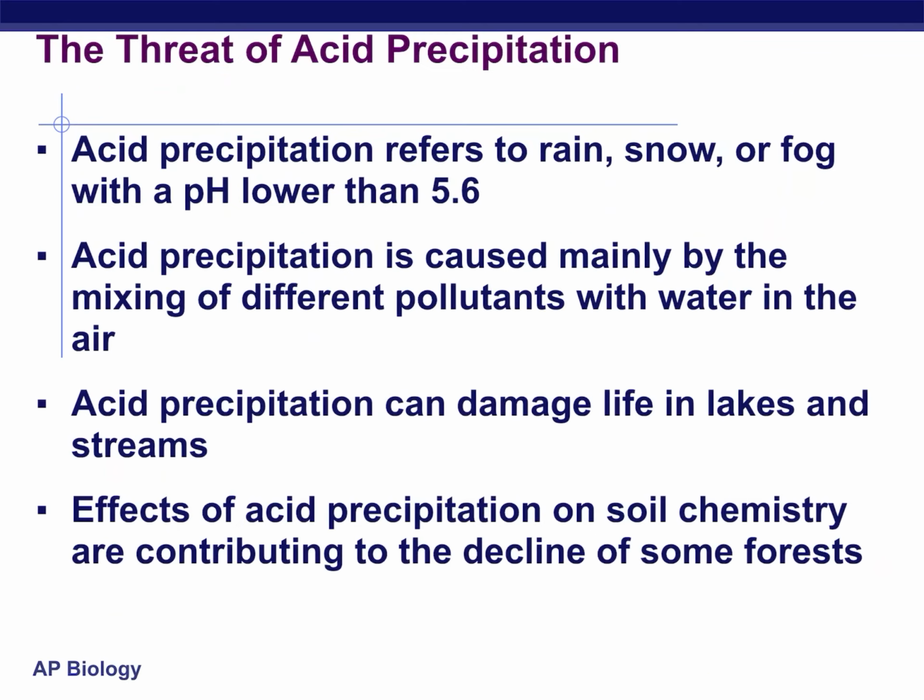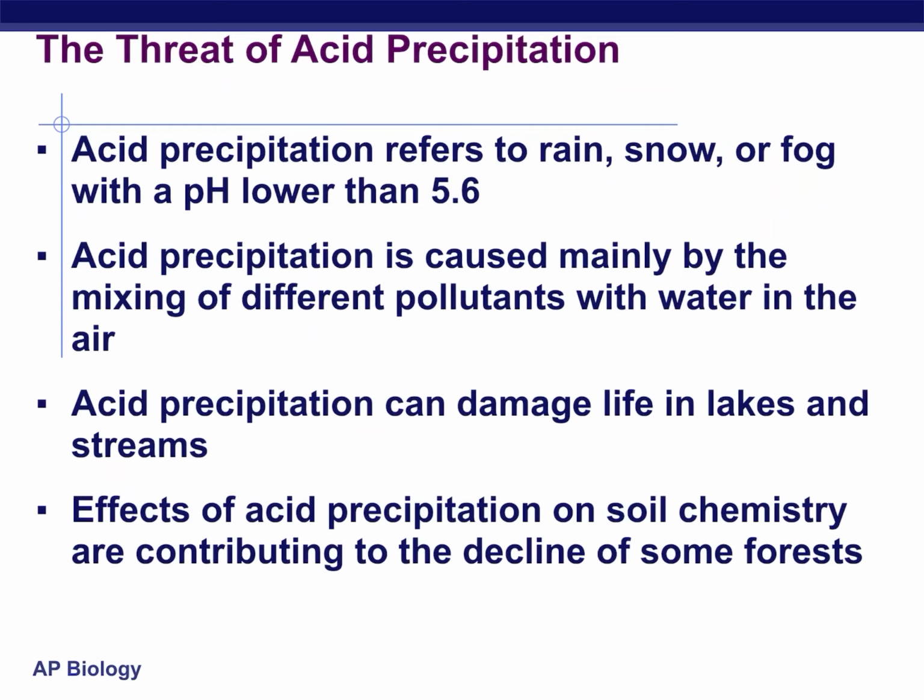And so I know you've all heard of acid rain before. This is something that all biological systems have to deal with, especially ecological systems. And so acid precipitation is just rain, snow, or fog that have a really low pH. And so this precipitation is caused because of pollutants mixing with the water cycle on Earth.